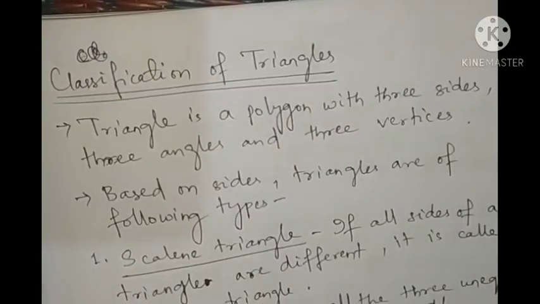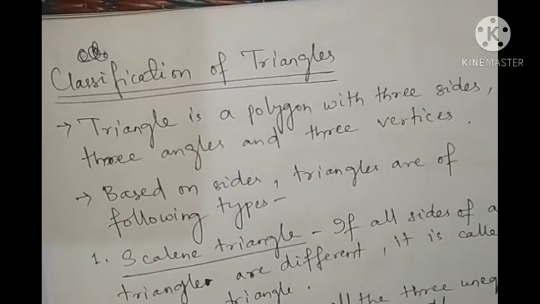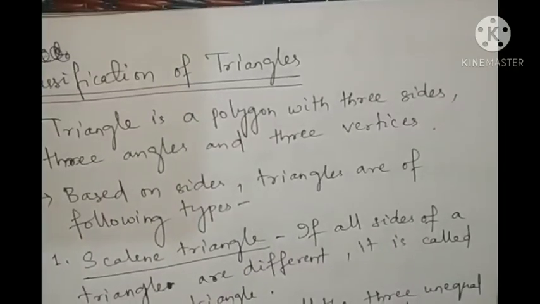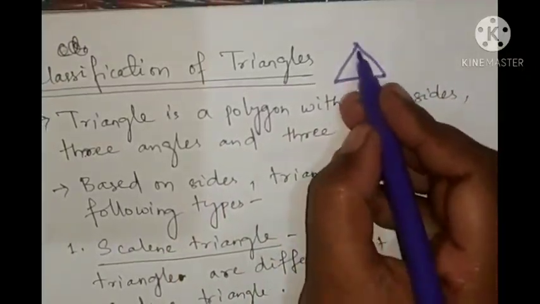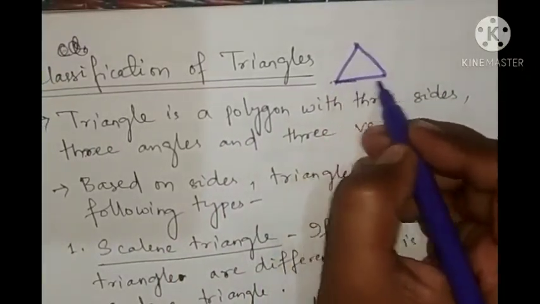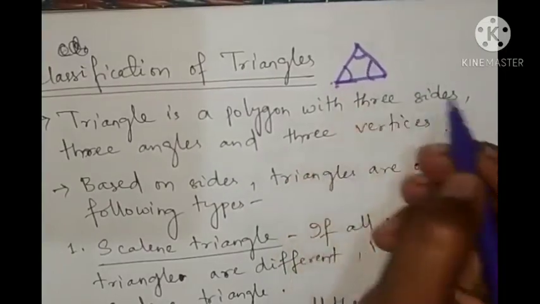That's why PQ is the perpendicular bisector of MN. Next we'll see classification of triangles. As we have divided angles, we can divide triangles. What is a triangle? A triangle is a polygon which has 3 sides, 3 angles and 3 vertices. This is a triangle because it has 3 sides, 3 vertices and 3 angles.